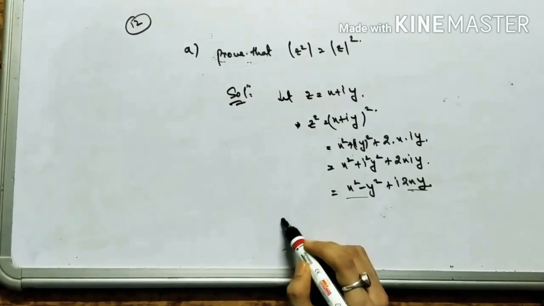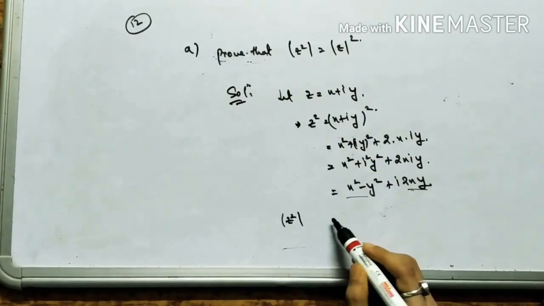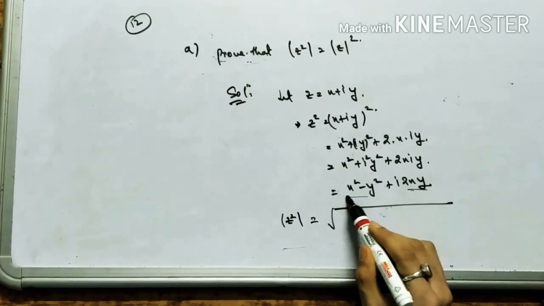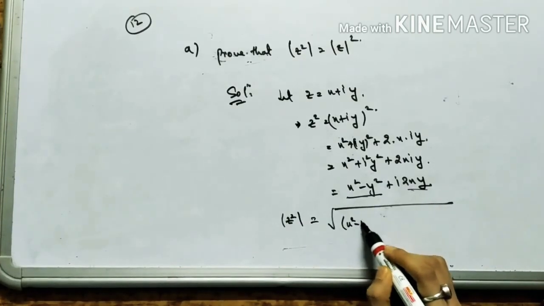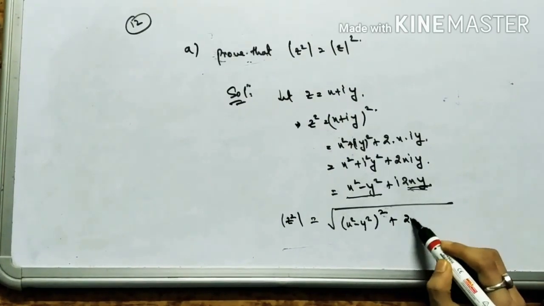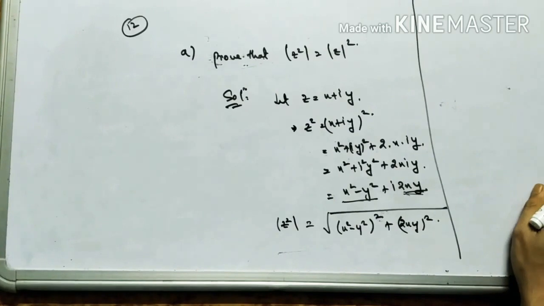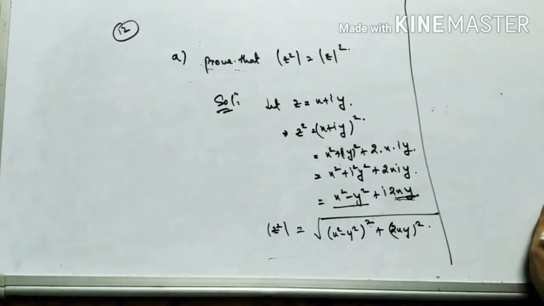Now its modulus. The modulus of z square will be the root over (x square minus y square) the whole square plus (2xy) the whole square, where the first is the real part and the second is the imaginary part.